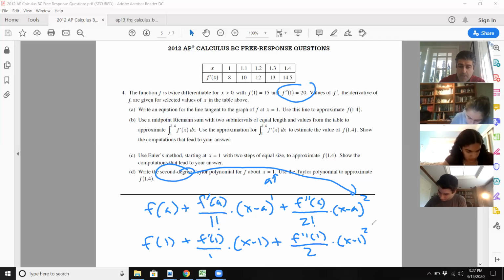You can leave your answer, well, not quite, because you want to substitute, obviously. So f of 1 we know is 15, plus 8 times x minus 1. And then f double prime is 20. So 20 over 2, which is 10.